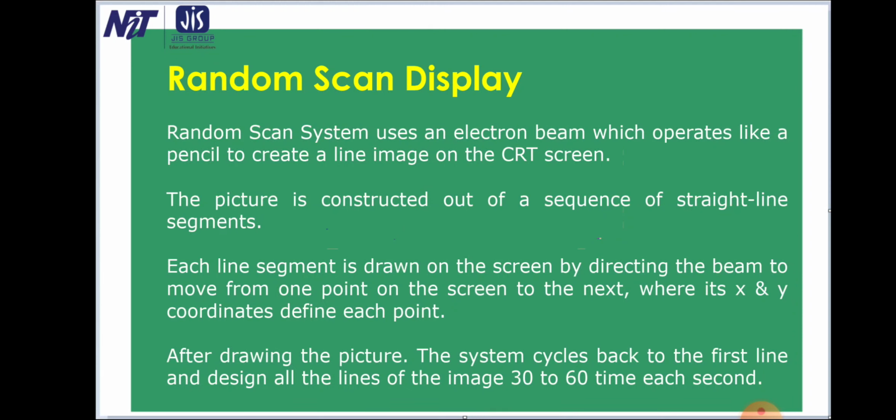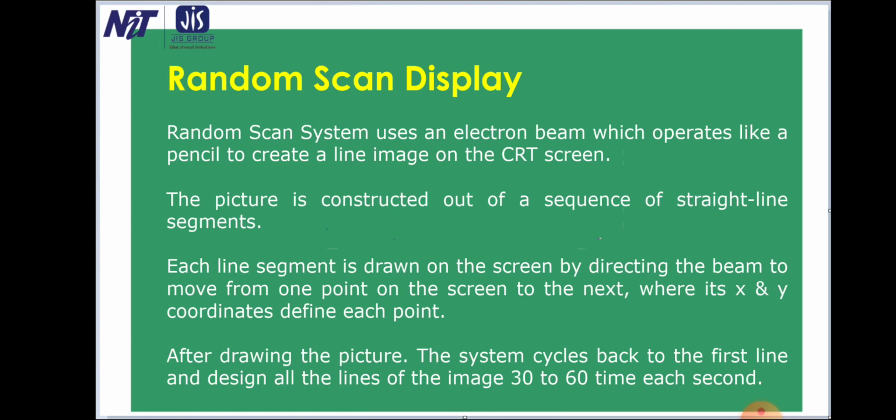What are the advantages of random scan display? The electron beam is directed only to the part of the screen where an image is to be drawn. It produces smooth line drawings, and second is high resolution.